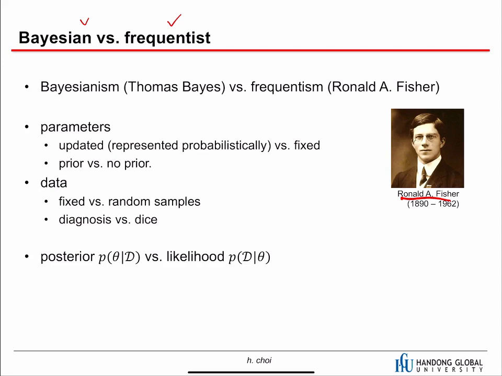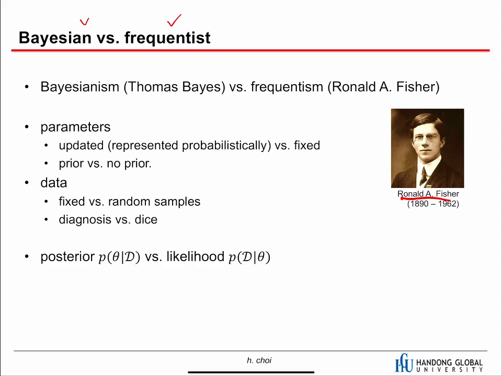And in the Bayesian approach, there is a prior. Even before data observation, we have some thoughts on the parameter. We believe something even before the data observation. But in the frequentist approach, there is no such thing. Without the data, nothing. We don't have prior information. And to Bayesian people, data is fixed.